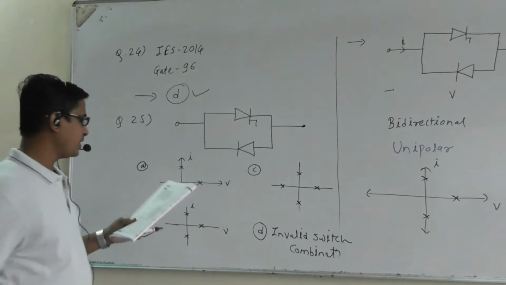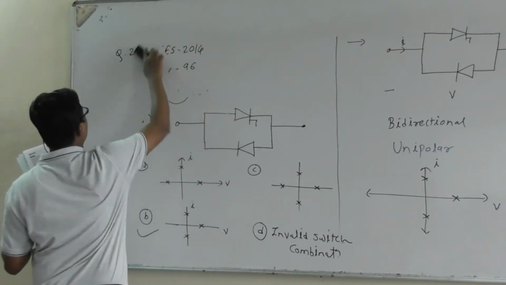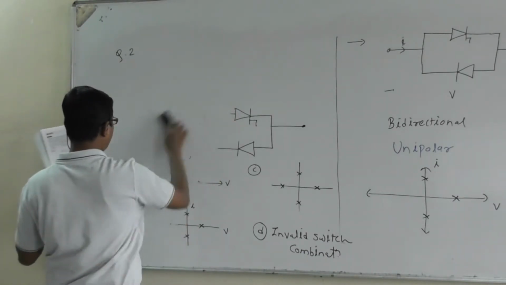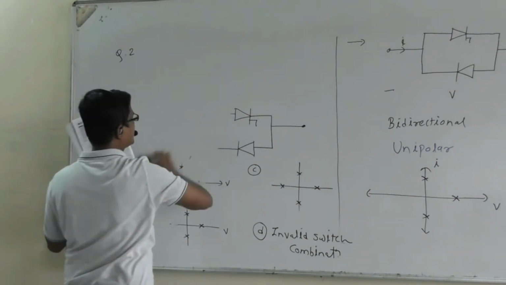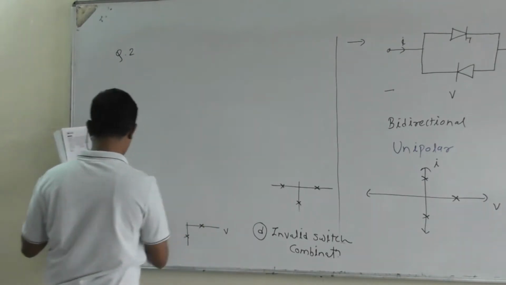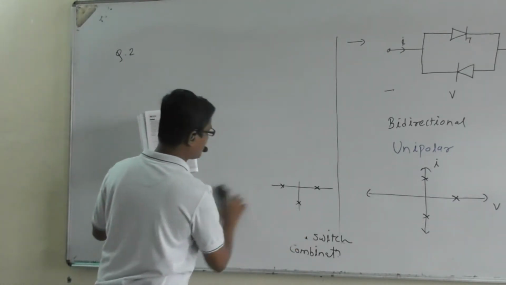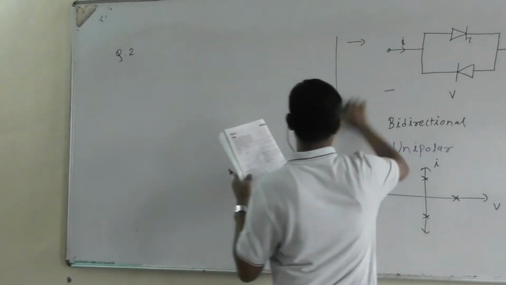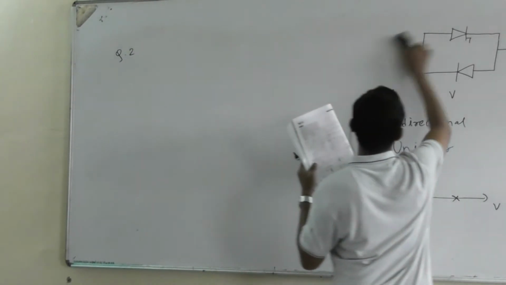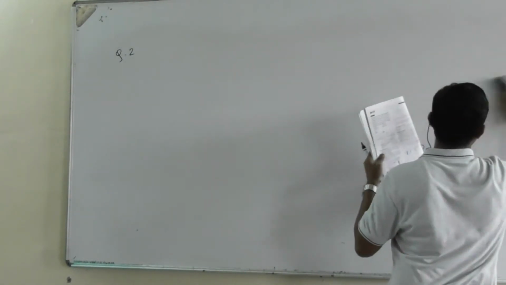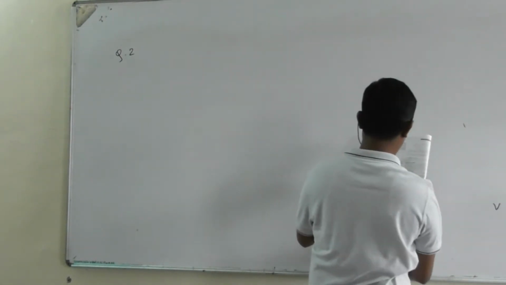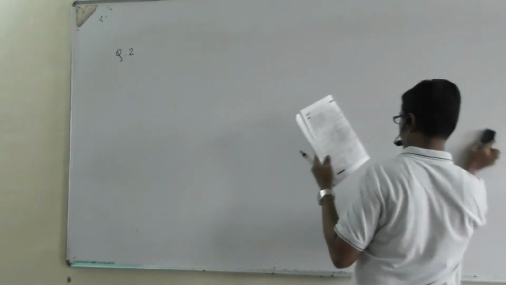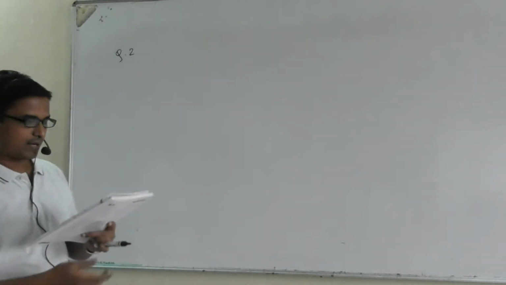During the turn off process in a thyristor, the reverse recovery current of 10 ampere is interrupted in a time interval of 4 microsecond.